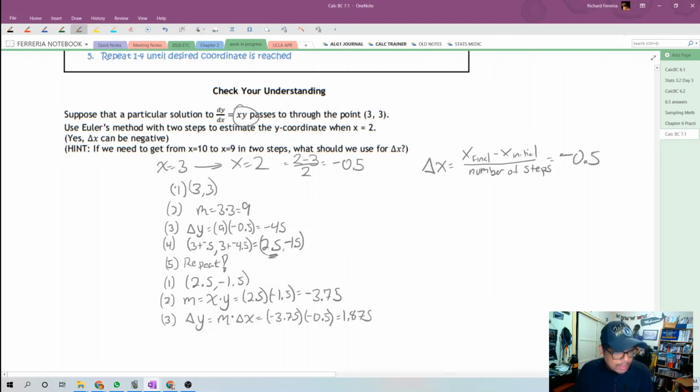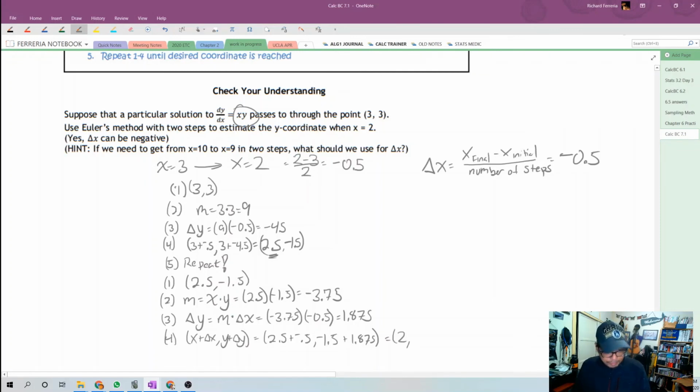Step 4, that's going to be x plus delta x, y plus delta y. You know what I'm going to do? I'm going to write this out a little bit more carefully for you. X plus delta x is 2.5 plus negative 0.5. Y plus delta y is negative 1.5 plus 1.875. And that gives me 2.